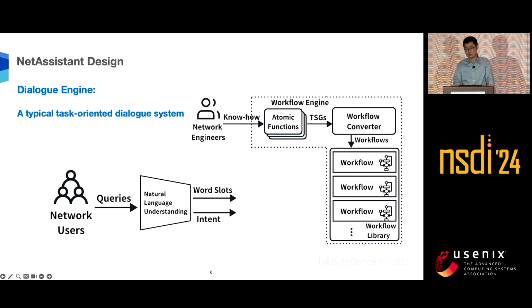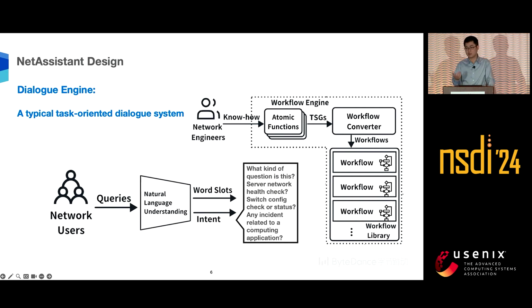The second thing the understanding module needs to understand is the intent from the user. What is intent? Intent means what kind of question this is. For example, is the user asking a server-related question, a switch check-related question, or something related to computing services or computing applications? So the intent means what kind of question the user is asking.